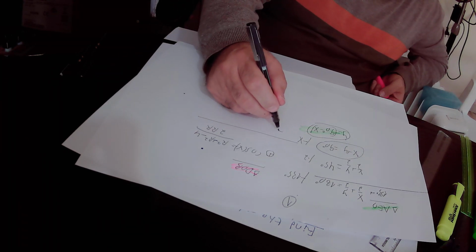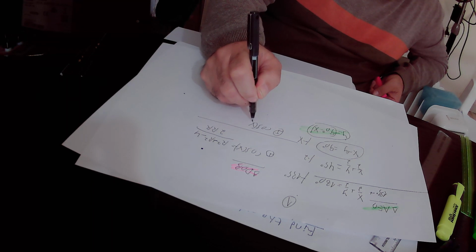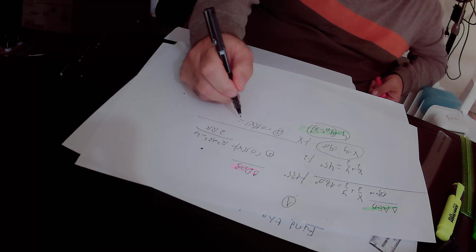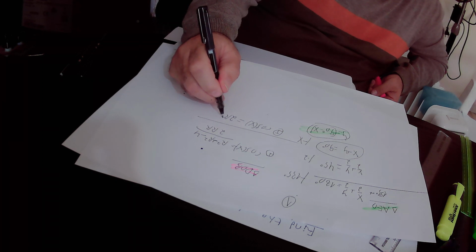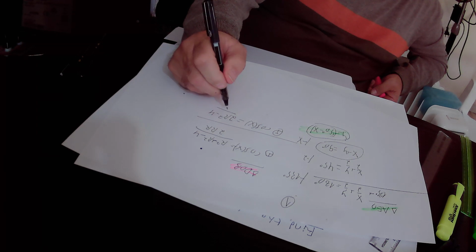Here we have cosine x equals r squared plus r squared, which is 2r squared, minus 4, over 2 times r times r, which is 2r squared.